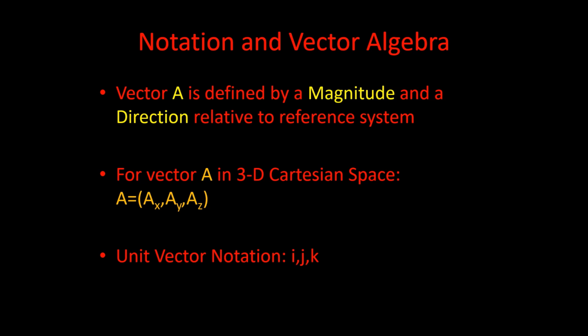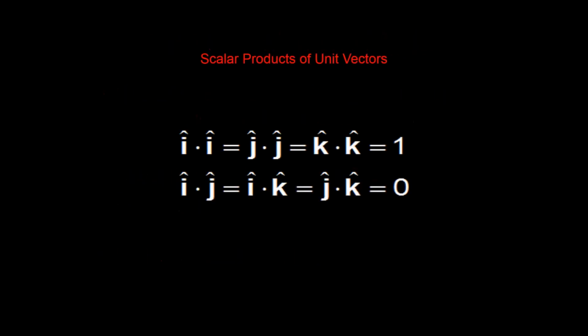We can use unit vector notation of i, j, k to express this vector in slightly different terms. When we talk about a unit vector, what we're really saying is we will have a vector of unit length 1 in a particular direction of each component of our vector.